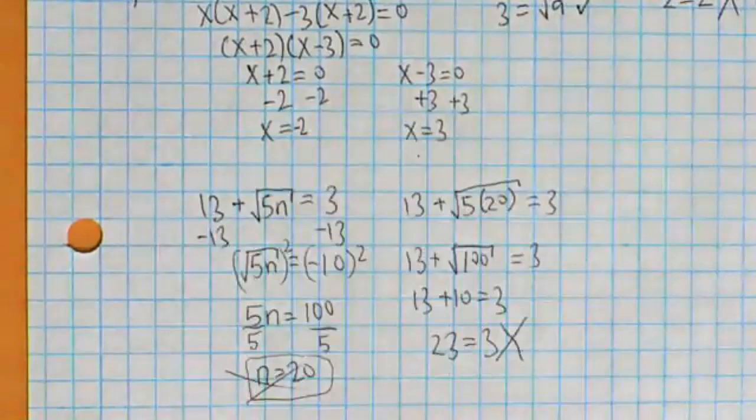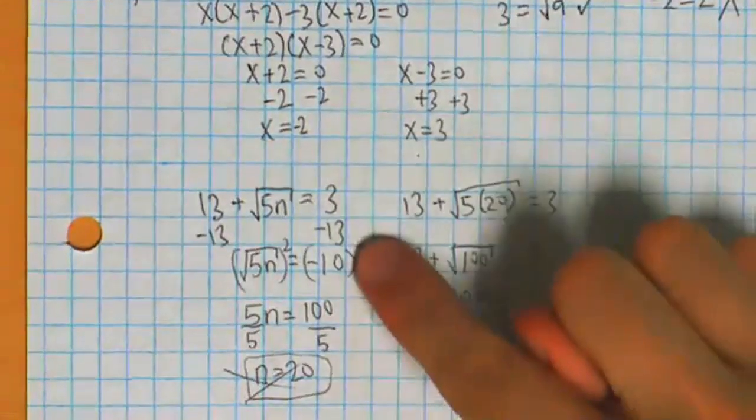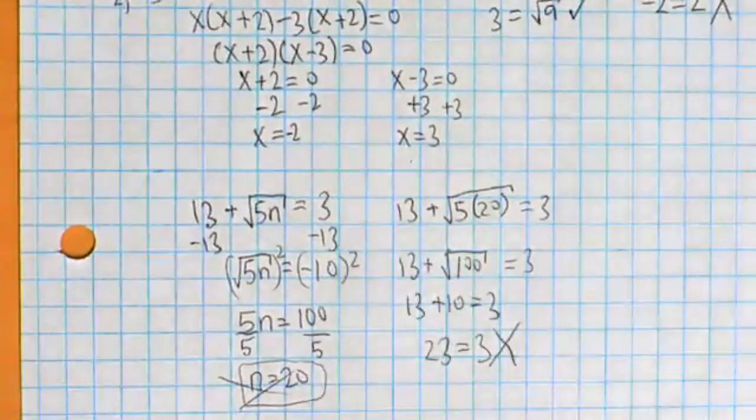And in this one, once again, what's happened is squaring has got us into a little bit of trouble. And the issue comes after we subtract the 13 from both sides, and we get the square root of 5n is equal to -10. When we square both sides right here, the negative in the -10 goes away.